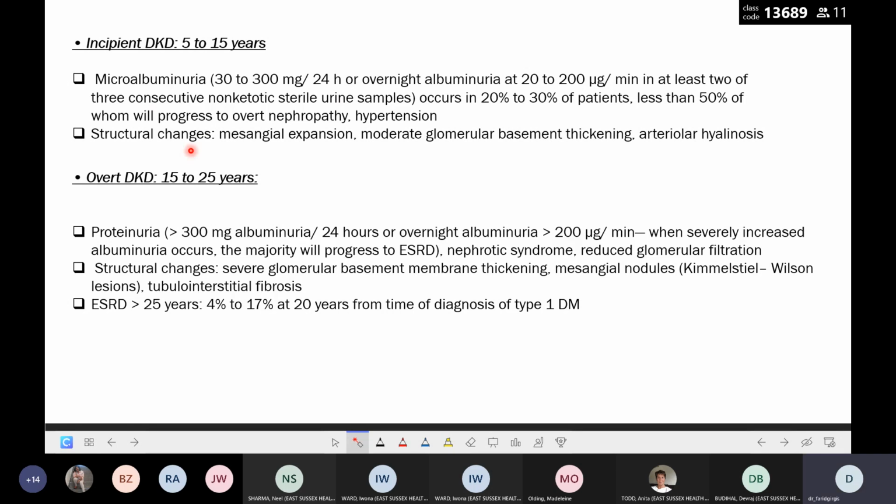For structural changes, we find mesangial expansion and moderate glomerular membrane thickening. Overt diabetic nephropathy also takes 15 to 25 years. Here, the proteinuria is more than 300 milligram per 24 hours, and it progresses with the decline in chronic kidney disease. At this stage, patients usually present with nephrotic range proteinuria.